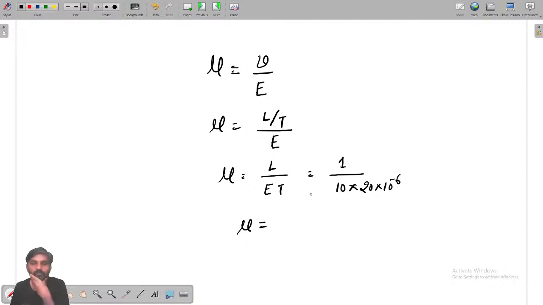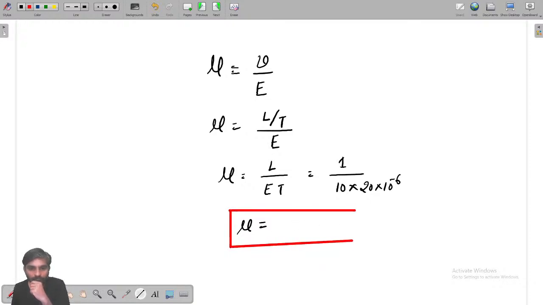Simply calculate, sir. Centimeter square per volt second is the unit.